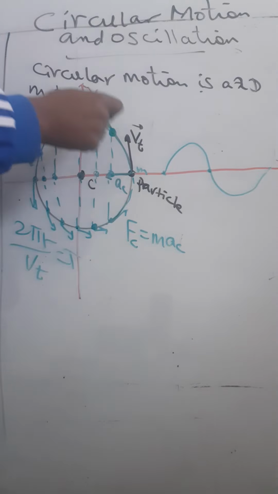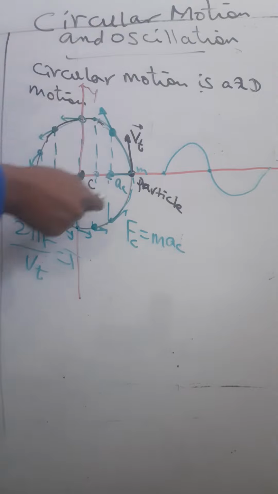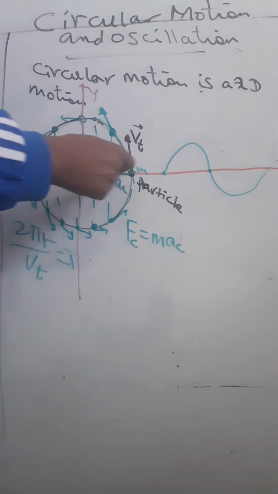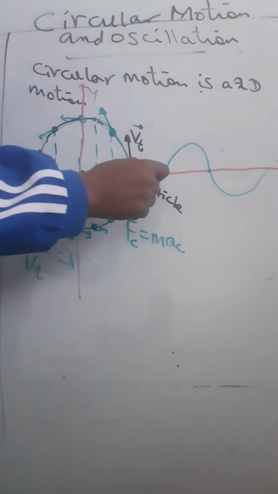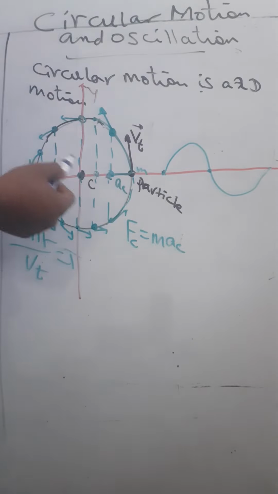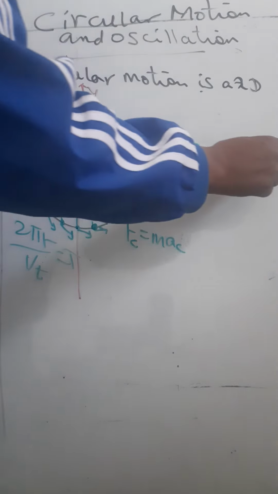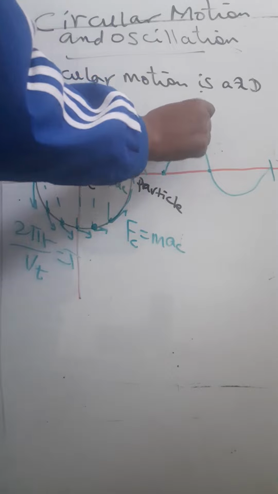So as there is one complete particle motion along the circle, there is one complete oscillation of the shadow of the particle. The shadow is going to experience one oscillation, and the oscillation is going to be one wave.